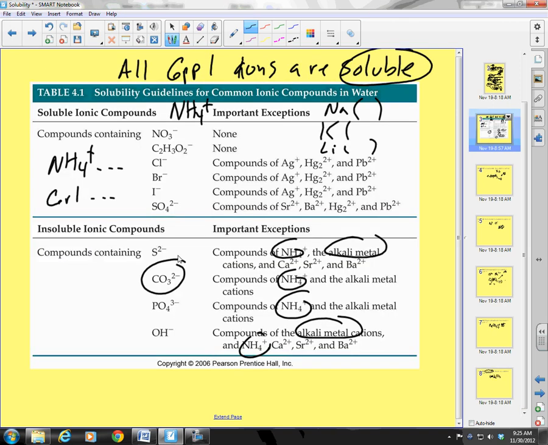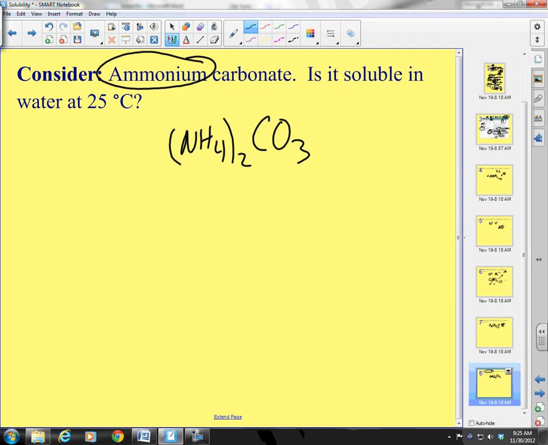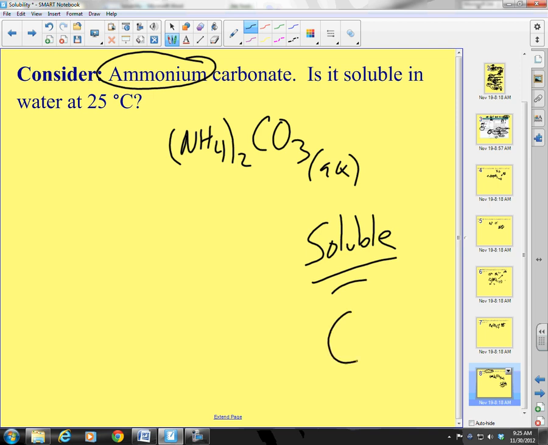Carbonates are insoluble except, hey, these are the exceptions, meaning in this bottom half, if they're exceptions, that means these guys are all soluble. Good, so that means ammonium carbonate is an exception, meaning it is soluble. So if water were present, it would be aqueous. And the answer is yes, it is soluble. And that would be all, folks.